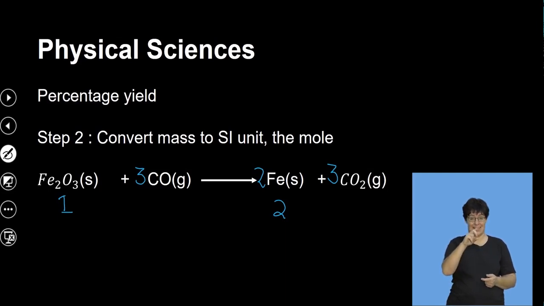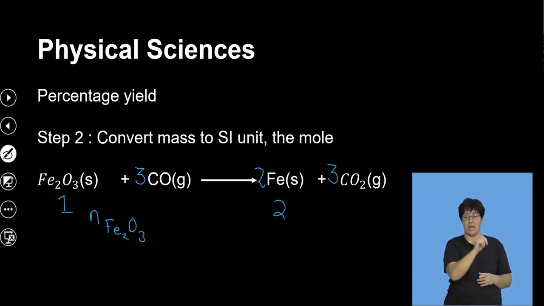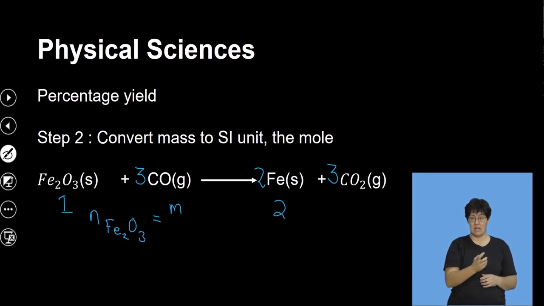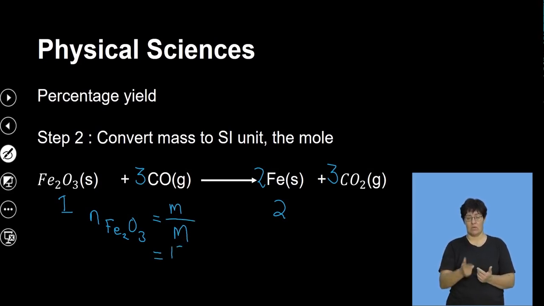So if there is 150 grams of the oxide, we ask ourselves, in 150 grams, how many moles of iron 3 oxide are present? So we know that number of moles of iron 3 oxide equals the mass of the sample divided by the molar mass. So the mass of the sample in this case, we are told, is 150 grams.